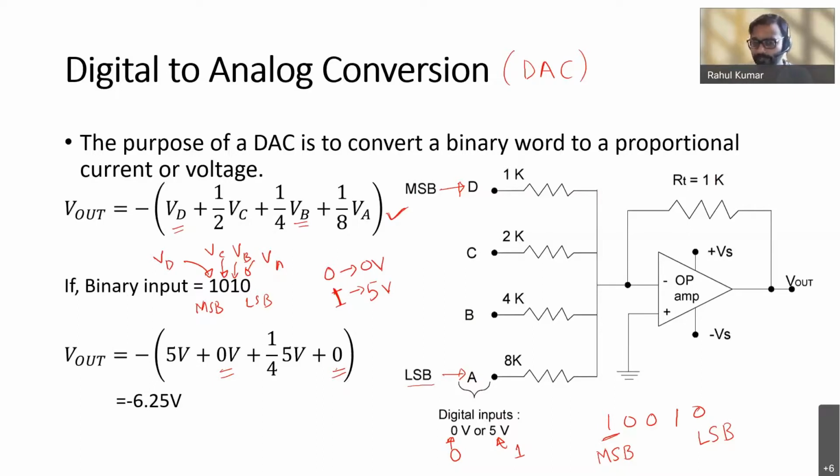Now you have a negative sign here, right? It doesn't mean anything. Basically, we should not be concerned about that. It only means that your op-amp is operating as an inverting amplifier.